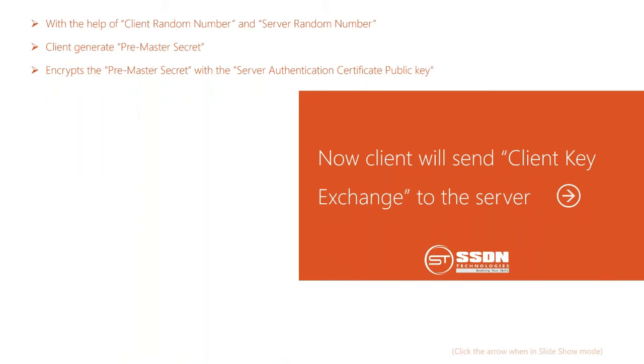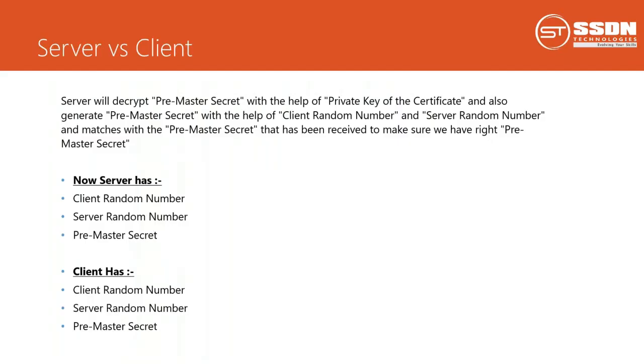So now, if you check on the server and on the client, what we have: on the server, we have the client random number, server random number, and pre-master secret. And on the client, we have the client random number, server random number, and pre-master secret.